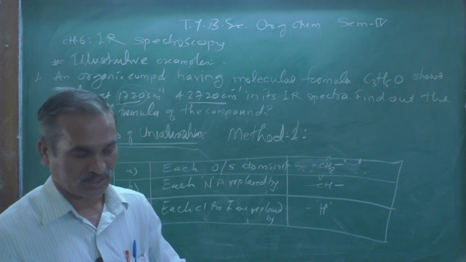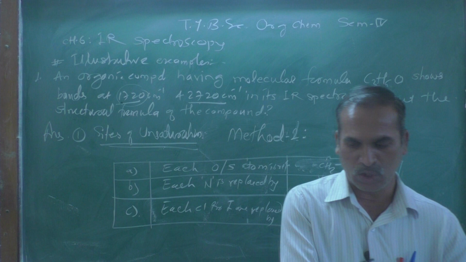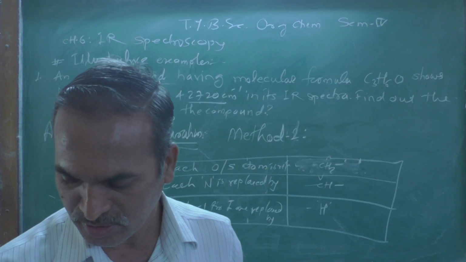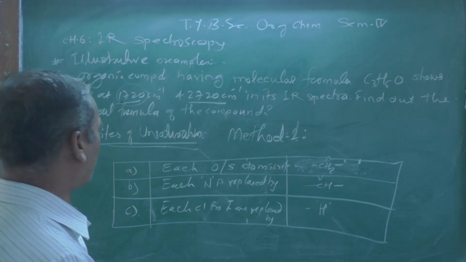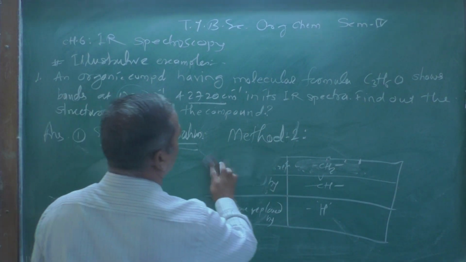So that will be the second step. Now, how do we solve this? Let's see how we can calculate the site of unsaturation by using either the first method or the second method.